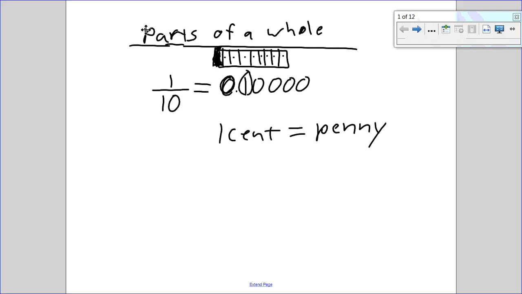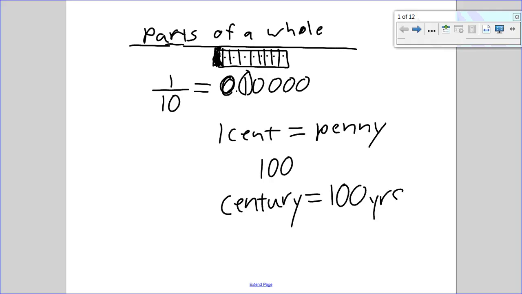Well, how many pennies are in a dollar? 100. Okay? So there's 100 cents in a dollar. Cents means 100. There's the word century. Well, century equals 100 years.